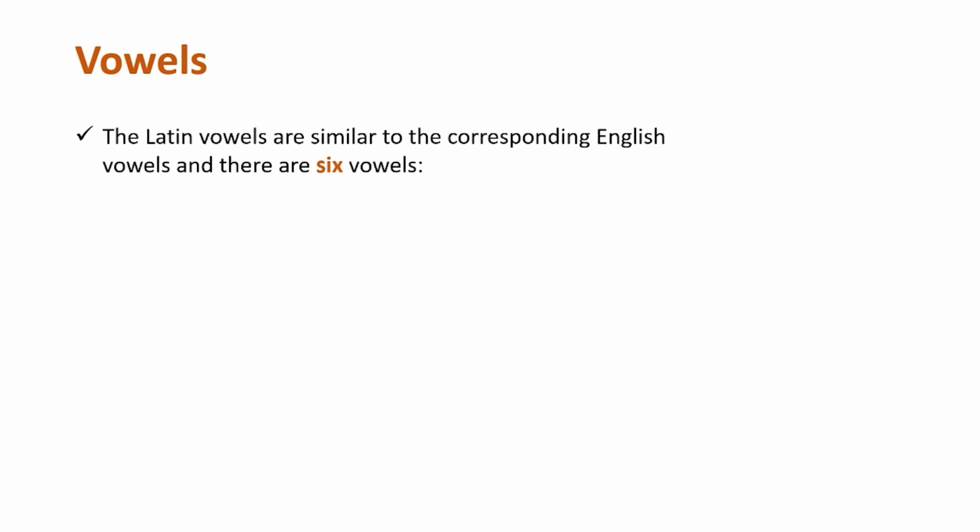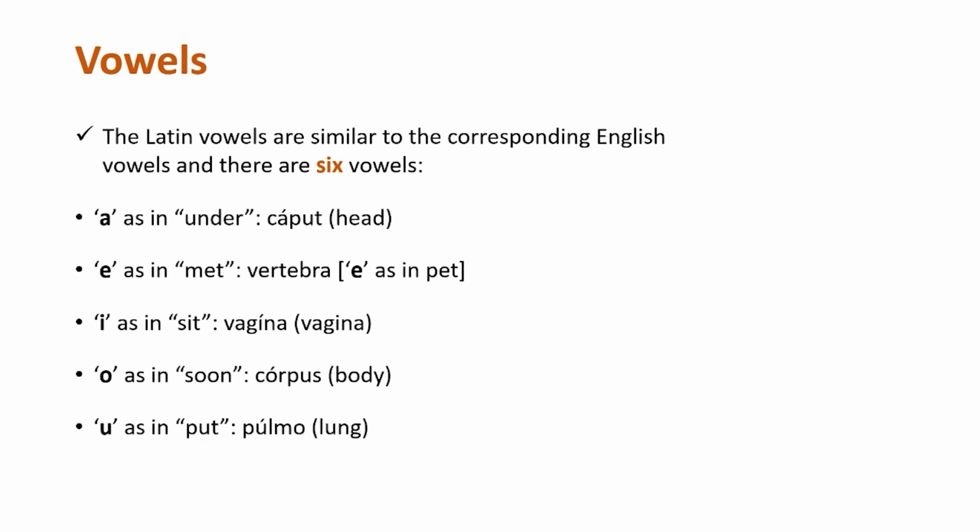Now let us see what vowels are. Vowels are similar to English, and in Latin there are 6 vowels. They are A, E, I, O, U, and Y. How do you pronounce them? I will also explain the concept of a vowel, and I'll briefly mention one point relevant to us, especially in terms of anatomical terminology.